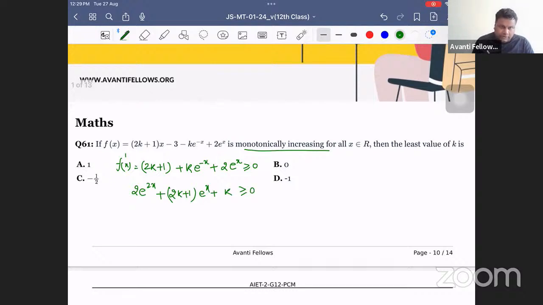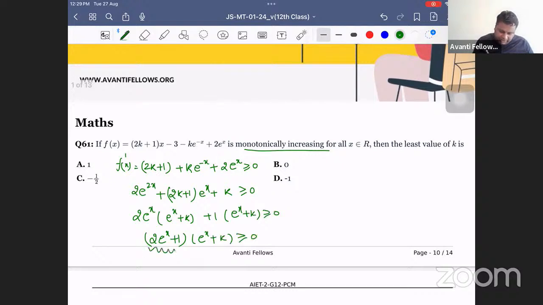Now that is (2 e to the power x plus 1) into (e to the power x plus k), more than or equal to 0. Now we are already aware that 2 e to the power x plus 1 is always greater than 0, because e to the power x is more than 0.